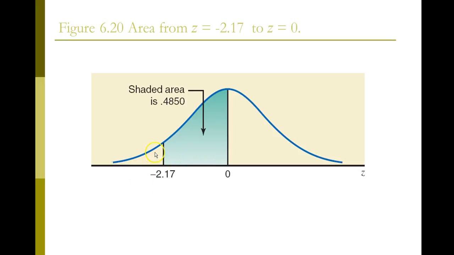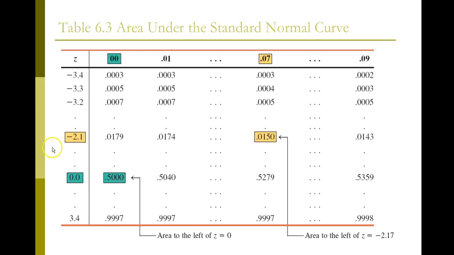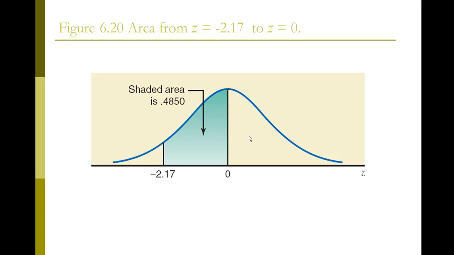It's going to tell you this area here. So let's check that. How much area is there to the left of negative 2.17? Only about 1.5%, right? It obviously is not drawn properly, but this area is supposed to be only 1.5% of the total area.